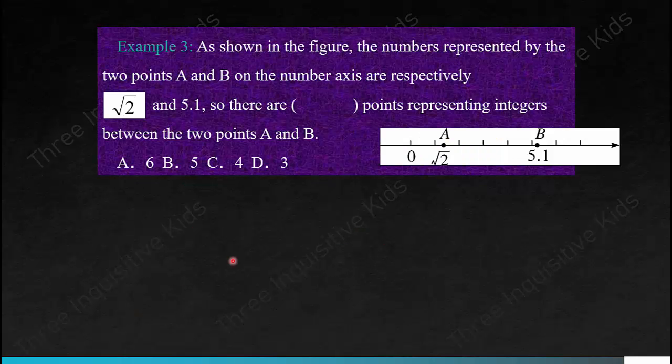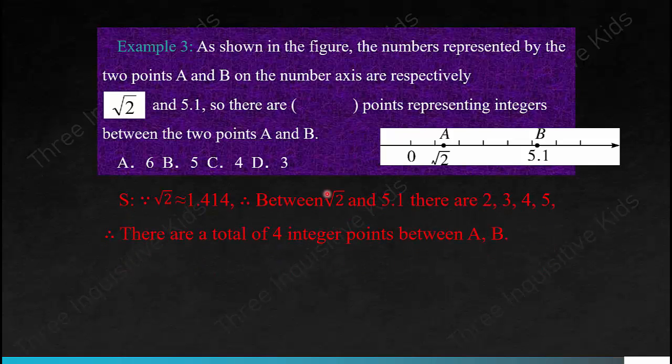Example 3. As shown in the figure, the numbers represented by the 2 points A and B on the number axes are respectively square root of 2 and 5.1. So there are blank points representing integers between the 2 points A and B. And you have 4 options over here.